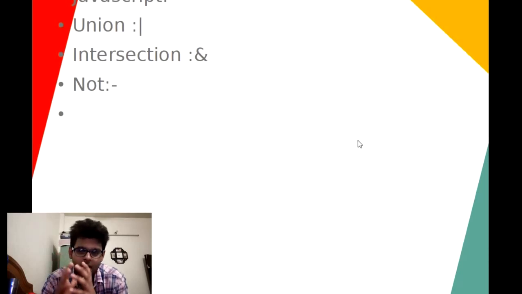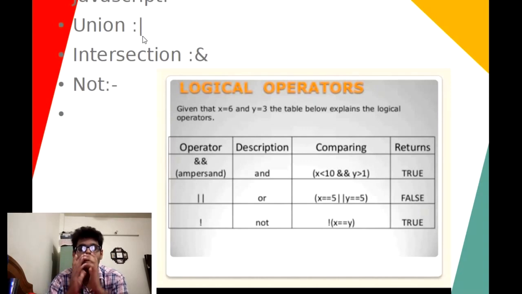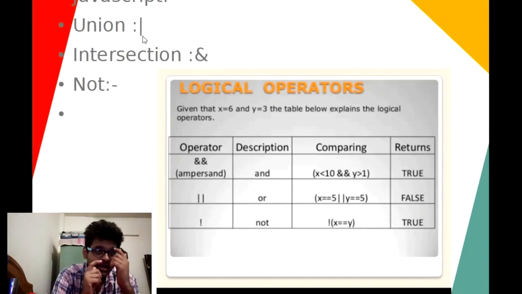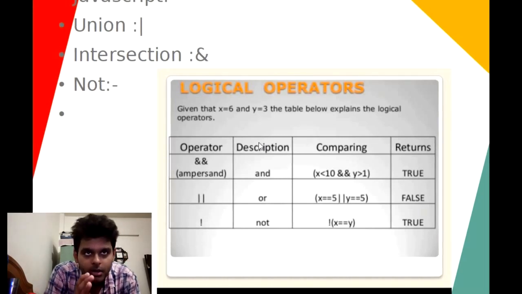Logical operators are an extremely powerful tool in any programming language. These are some of the logical operators: this symbol is for union, this one is for intersection, and this one is for not. These are operators that we also use in mathematics, for boolean values, so this also returns a boolean value.